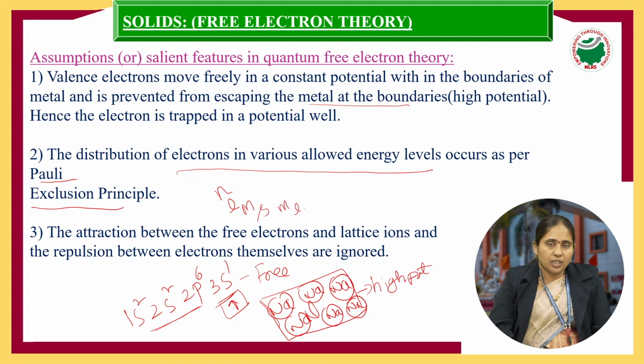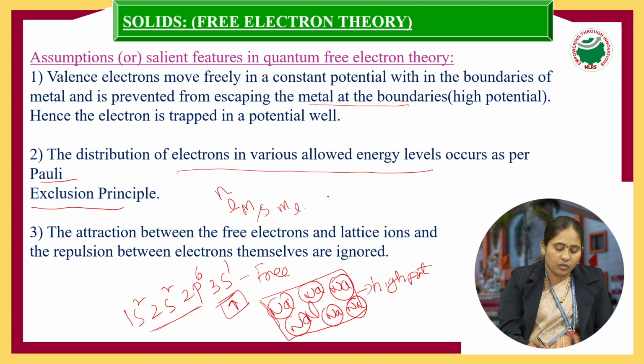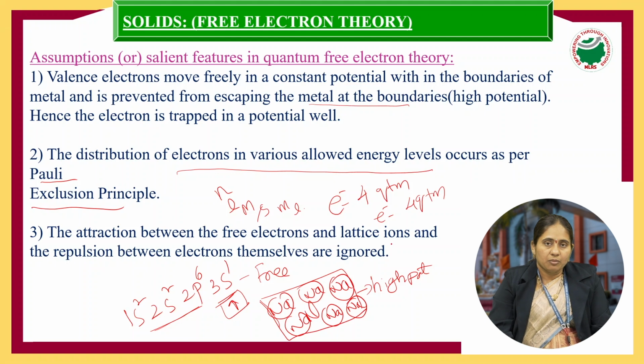If you take another electron, its quantum numbers will differ. That means no two electrons exhibit the same quantum numbers. That is Pauli's exclusion principle. So the electrons follow FD statistics as well as Pauli's exclusion principle.